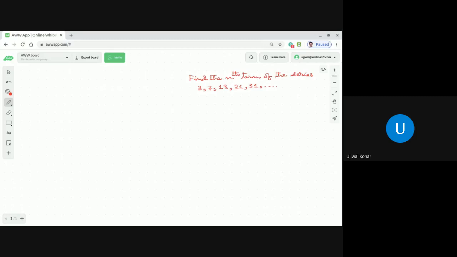Is it clear? For example, if you get this question, how are you going to approach it? If I give you 1 minute, how are you going to approach it? Your individual thought. Anyone can answer.